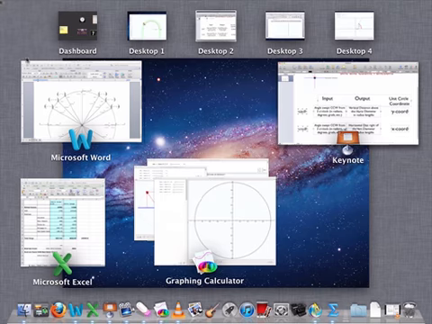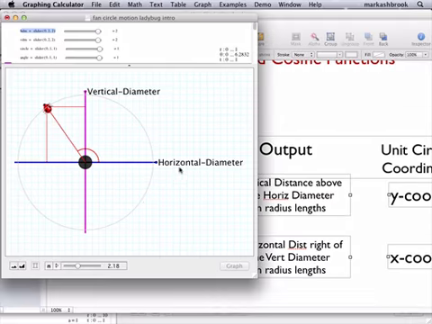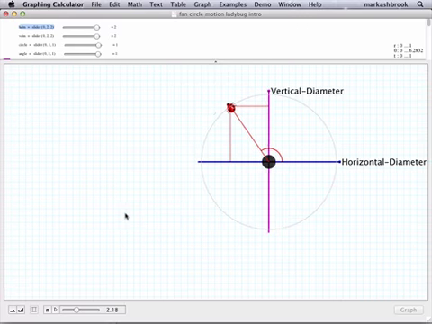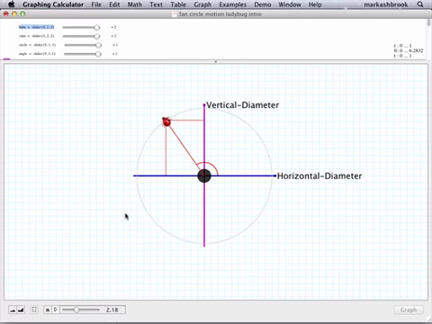All right, so just looking at this picture right here. How is the cosine represented on this picture? How is the sine represented? How is the angle represented? And then estimate the values of the angle, the sine, and the cosine.